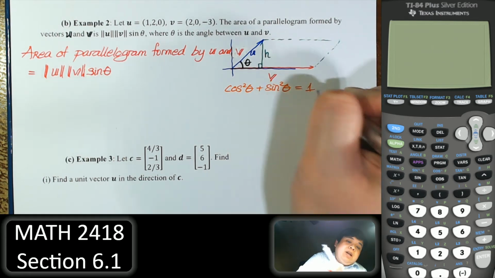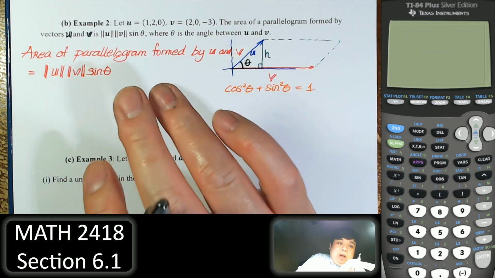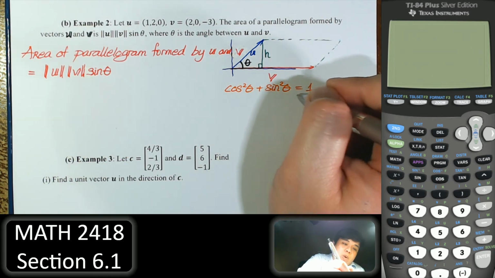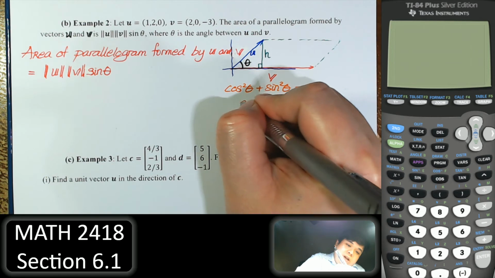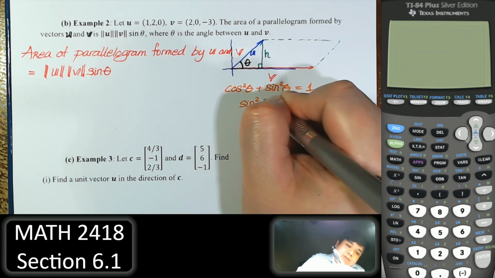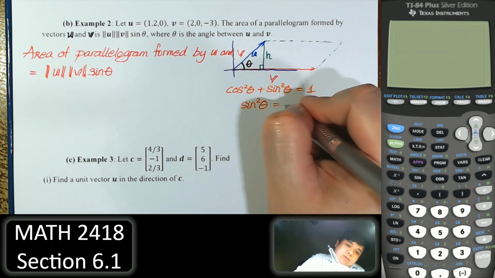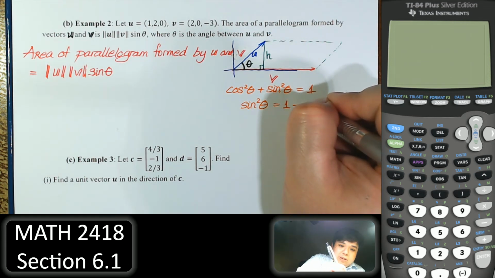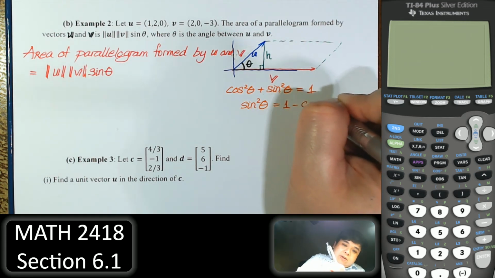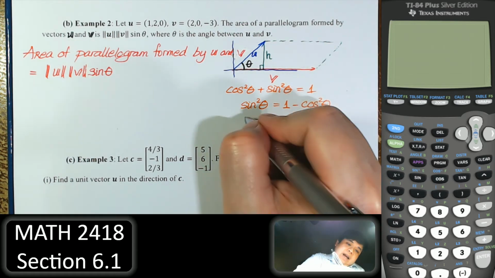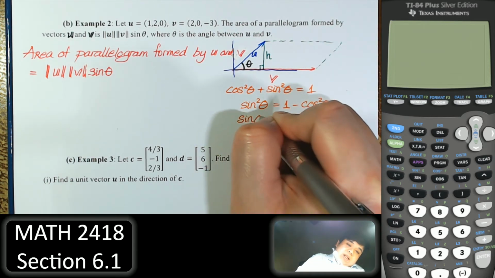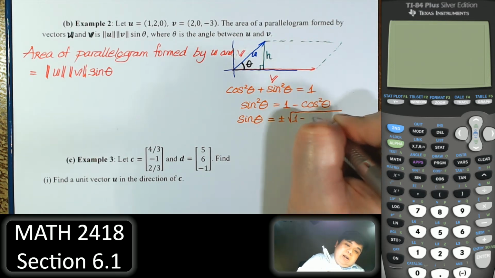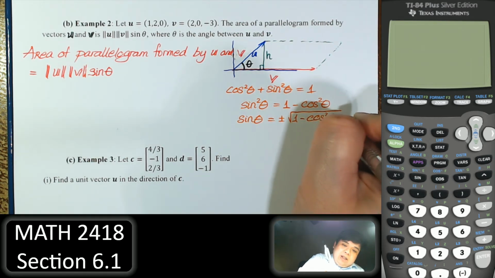If we want to go from cosine to sine, we just move cosine squared to the other side. So sine squared equals 1 minus cosine squared, and then we take the square root on both sides, which gives sine of theta equal to plus or minus the square root of 1 minus cosine squared theta.